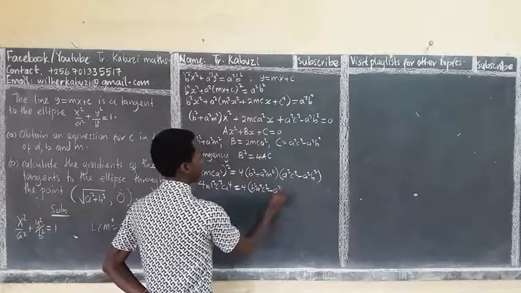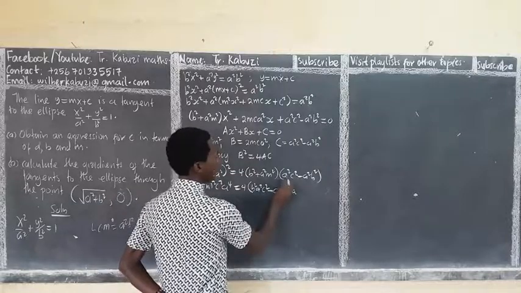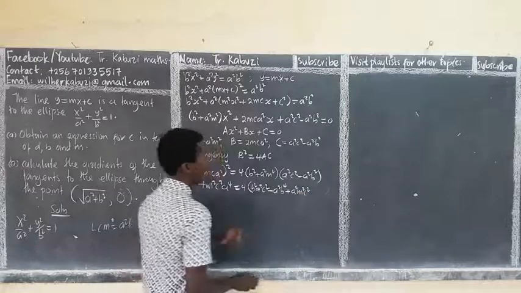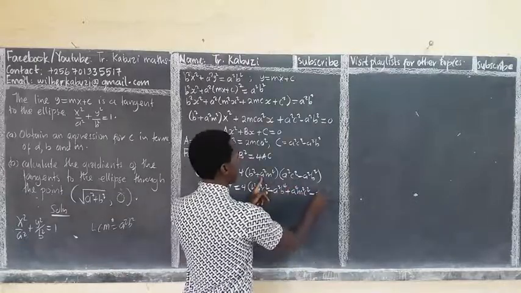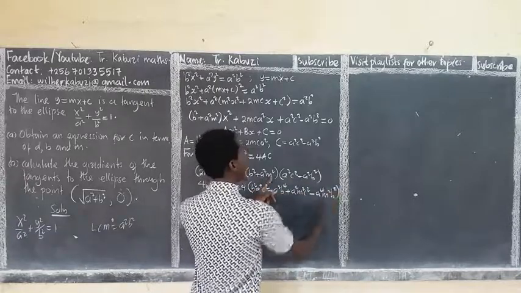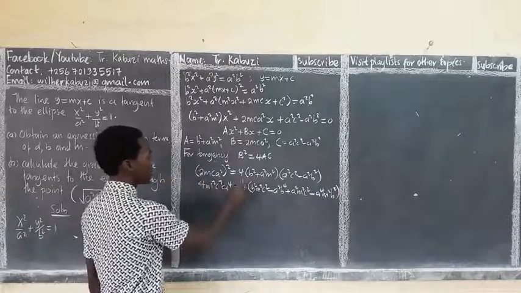Minus a squared b power 4, then plus a power 4 m squared c squared, then minus a power 4 m squared b squared. Now we see that this one is going to cancel.